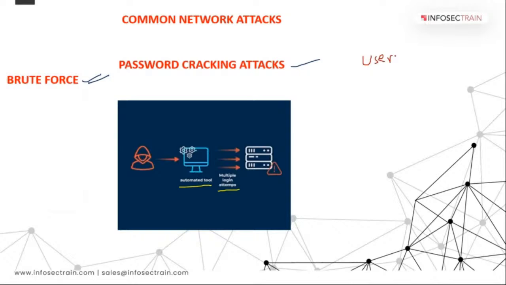So there is a username list, username.txt, and there is a password list, password.txt. Now what it will do, it will try all the combinations of username and password, right? So hit and trial method, that is called, right? It is using all the combinations.